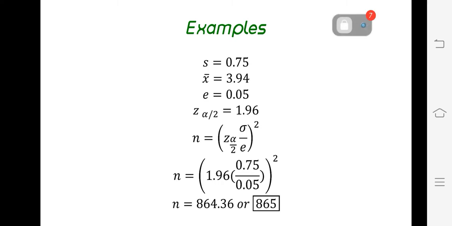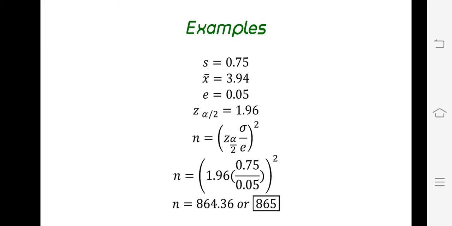So, substitution: replacing z by 1.96, sigma by 0.75, and e by 0.05. When I inserted this on my calculator, the result is 864.36. But we do not want any decimal point for the sample size.